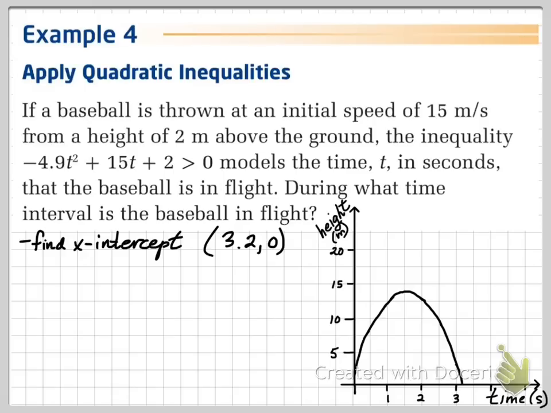How can I do that? Well, if I set y1 equal to negative 4.9 t squared plus 15t plus 2, and I set y2 equal to 0, and I use the intersect feature on my calculator, I can find that point. Since that's the intersection point, the ball is going to be in flight between 0 and 3.2 seconds.